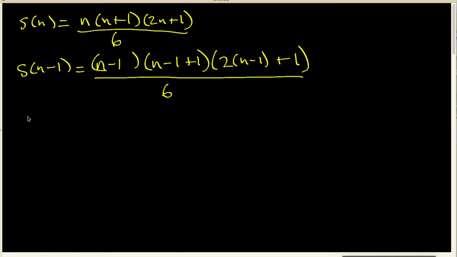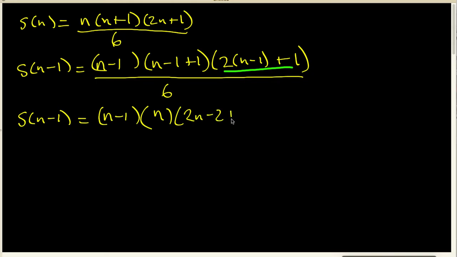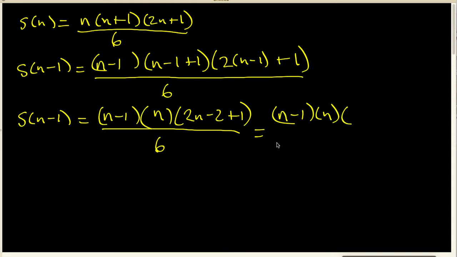And all of that is divided by 6. So Sn minus 1 is going to be n minus 1 times, well, let's see, n minus 1 plus 1, that's just a fancy name for n. And then when I do this piece of algebra, I'm going to have 2n minus 2 plus a 1, and I still have all of this stuff divided by 6. And I can clean this up to read n minus 1 times n times, and this expression here is going to simplify to 2n minus 1.